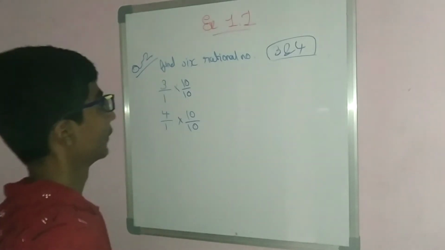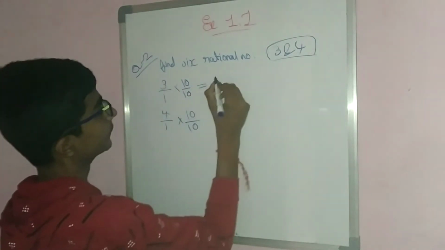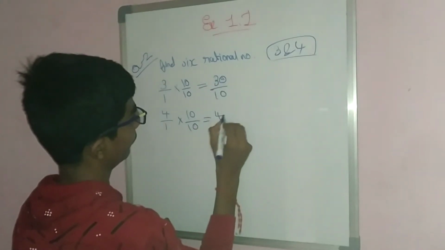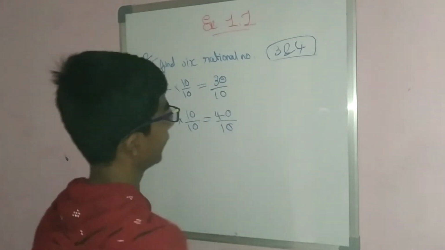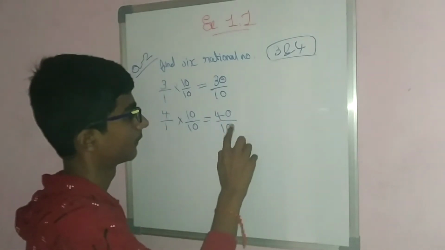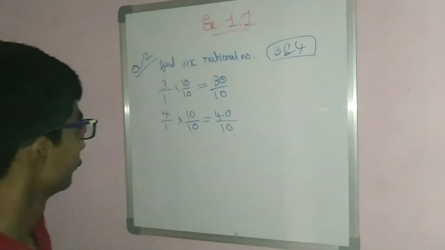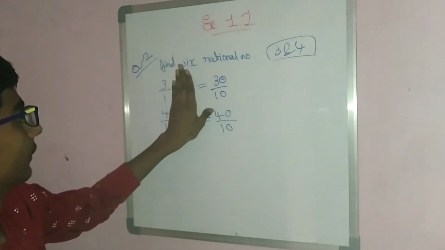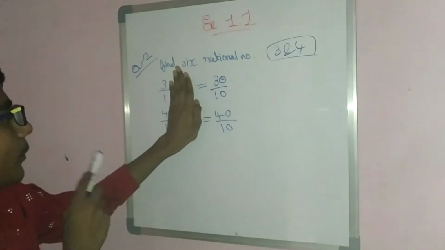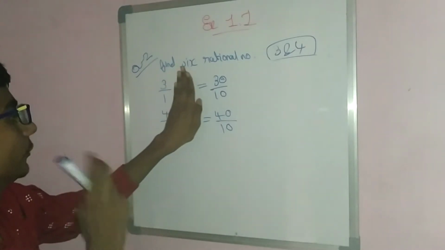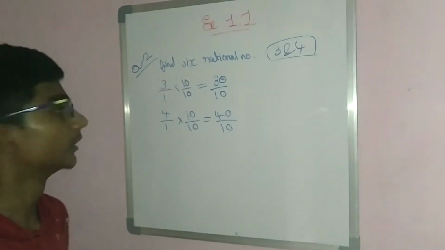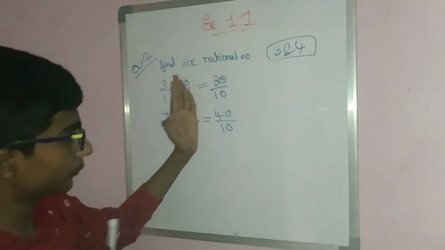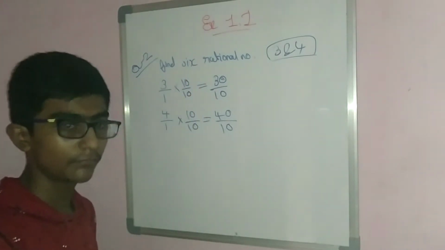Now we are going to do it as 30 upon 10 and 40 upon 10. So now we do not have rational numbers between 3 upon 1 and 4 upon 1, because there are only two, 3 upon 1 and 4 upon 1. But now we do have rational numbers between 30 upon 10 and 40 upon 10. We have 10 rational numbers.